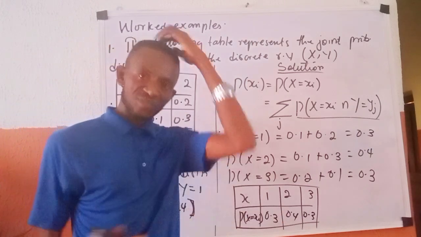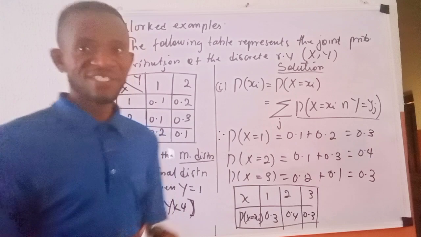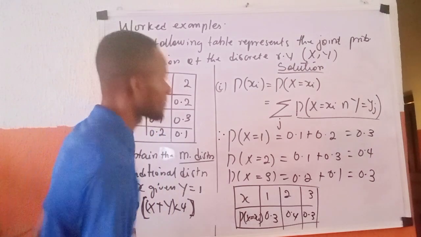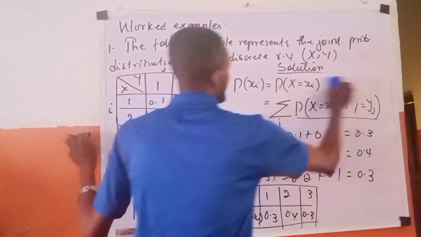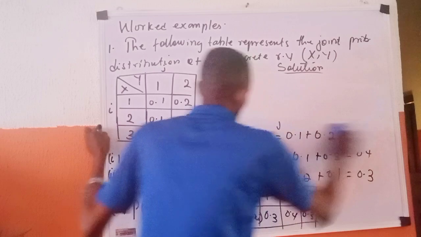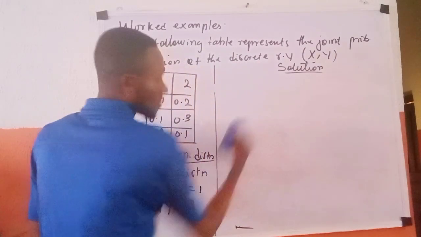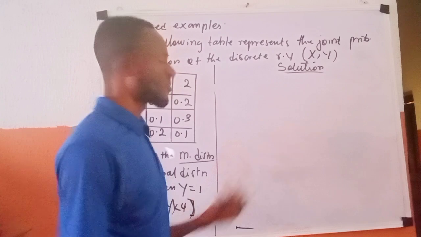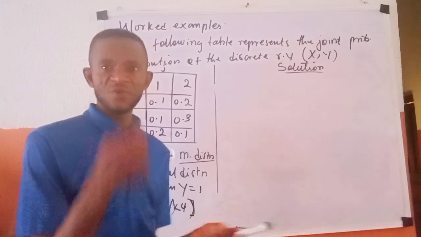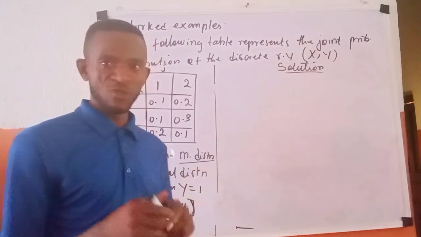We want to go and obtain the marginal probability of what? Of y. So permit me to clean. To obtain the marginal probability of y is still going to be very, very simple. We know what we are going to do.